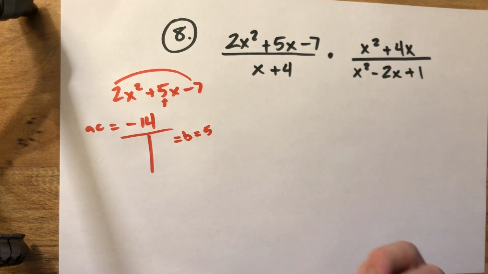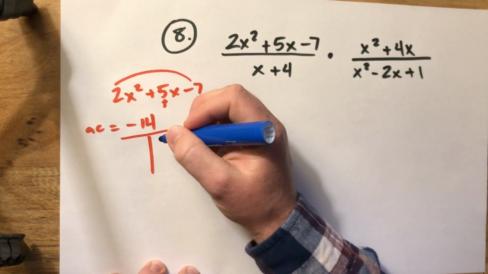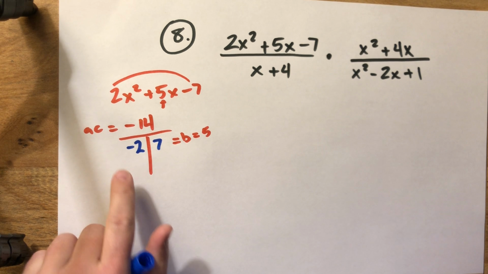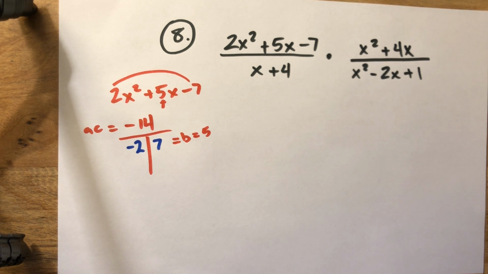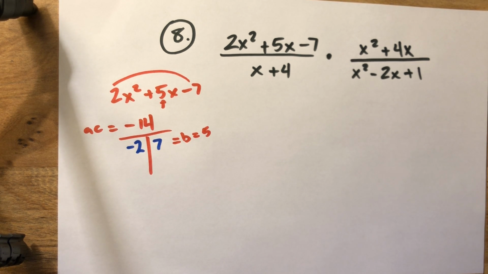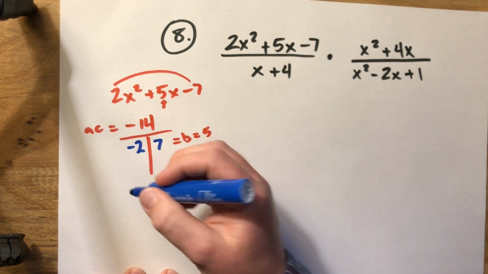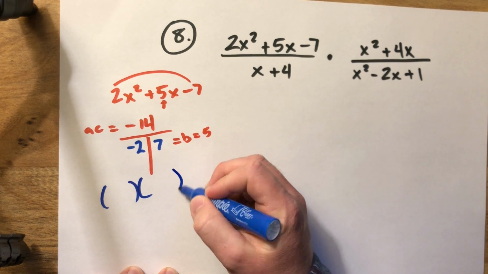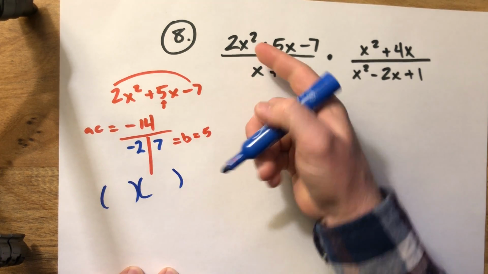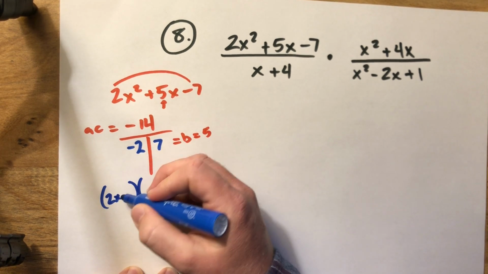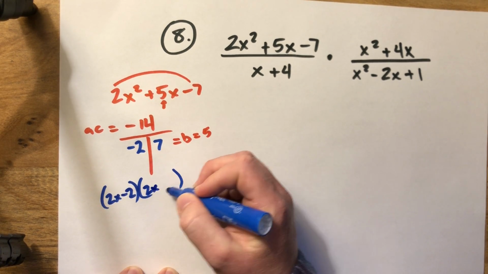So factors of negative 14, I think it's going to be 7 and negative 2, because negative 2 times 7 is negative 14, and negative 2 plus 7 equals b, which is 5. That makes sense to me. So the last step of the California method is to write your binomials. Differently than what we would normally do, we actually have to use all of the coefficients. So we go 2x minus 2 and then 2x plus 7.